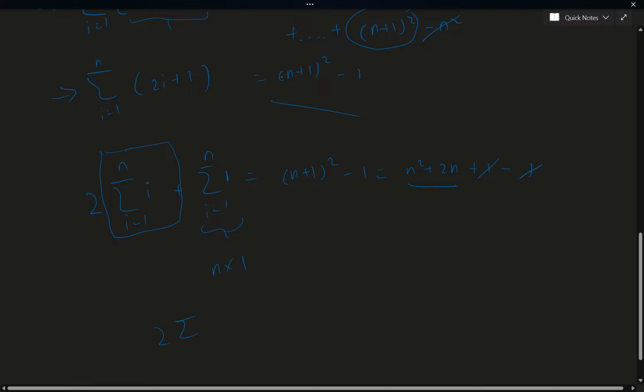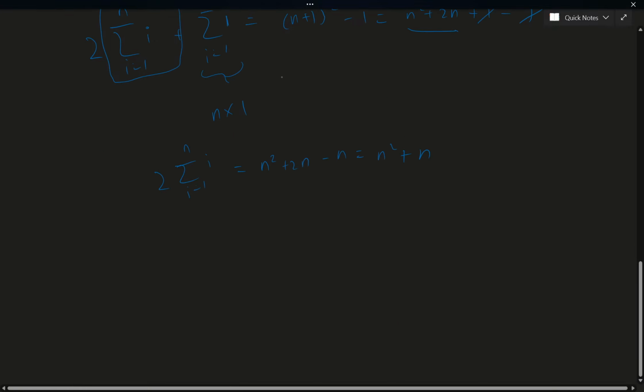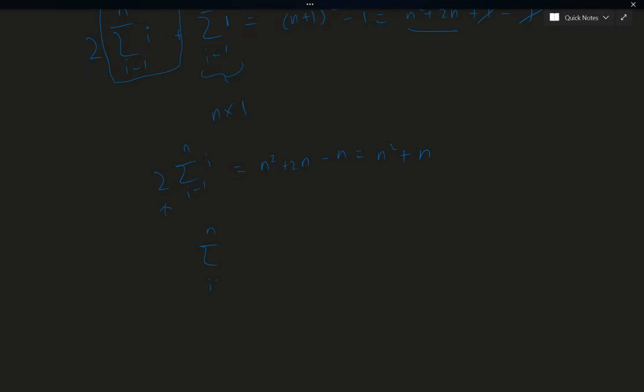So 2 times the summation of i equals n squared plus 2n minus n, which gives us n squared plus n. I'm going to divide both sides by 2, so the summation is n squared plus n divided by 2, and we get the answer.